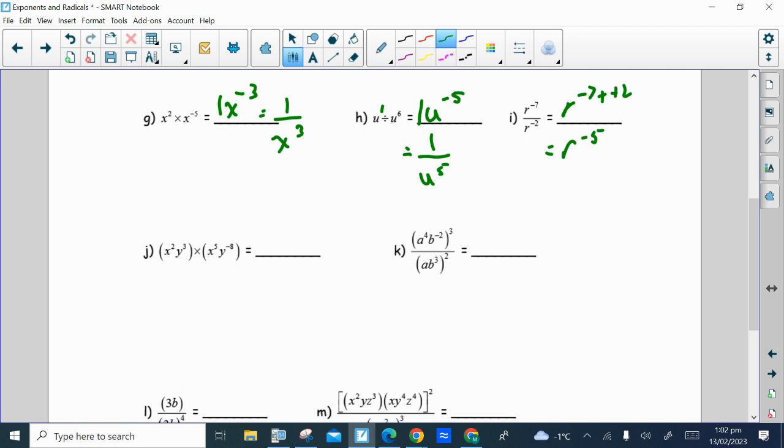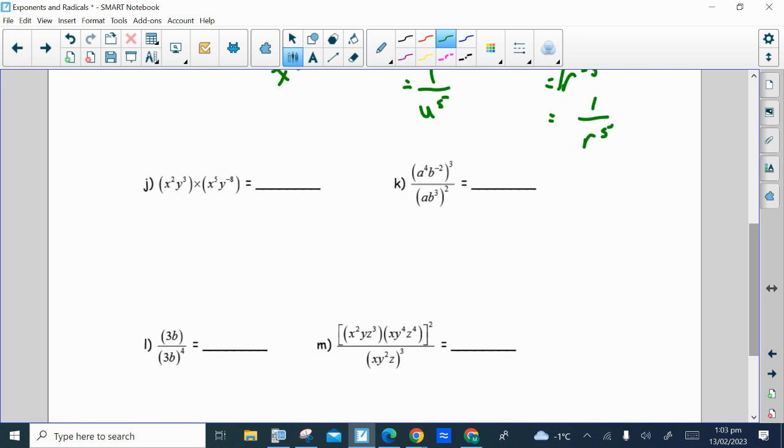Are we done, Brooklyn? Lorenz? What else do we need to do? Okay, we can put a 1 in front because that technically is true. And now what? Good. Move the r down to the bottom. The exponent sign changes from negative to positive.